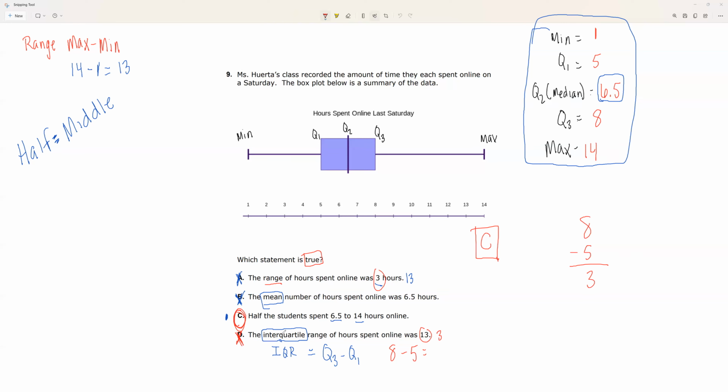This range and this IQR, this interquartile range, they switched these numbers hoping that you'll switch those operations and get that wrong. On mean, when we have a box plot, we cannot find a mean because we need all the data, and this doesn't give us all the data. This gives us our 5-number summary. Okay. There's a big difference. All righty. Thank you so much.